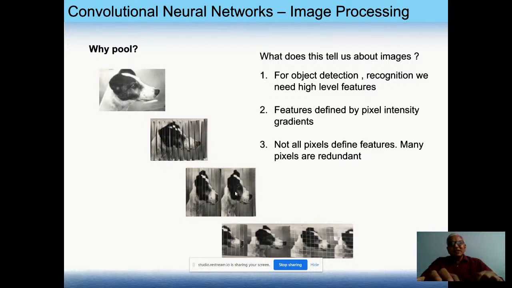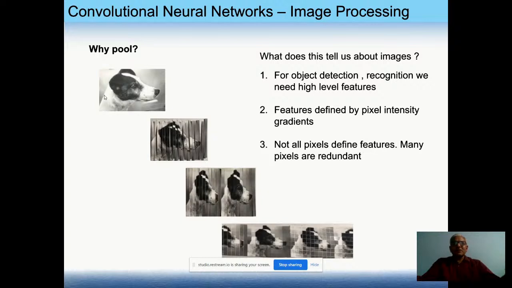So what this is telling us is, in the original image, and in this image which we see here, the fourth step, we can still identify this object as a dog. That means there are a lot of pixels in this image which are redundant. We don't need them to define this dog.